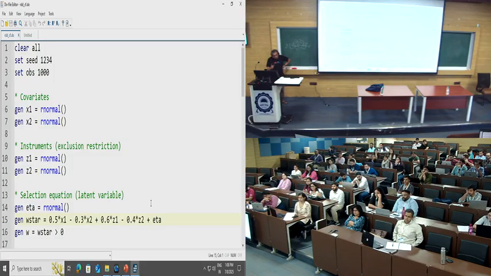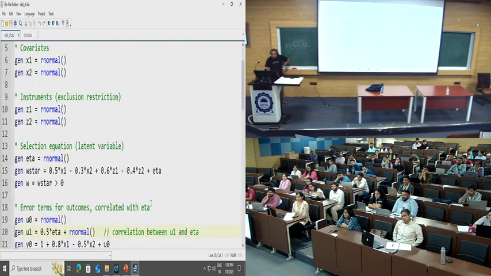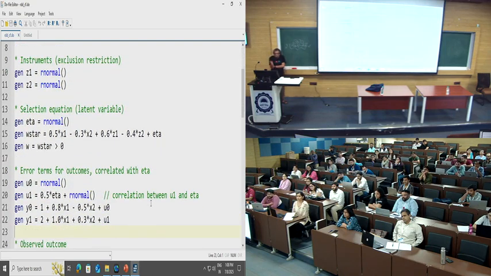As soon as I get W star, I create my W, which is 1 when W star is greater than 0. What I do then, the error terms for the outcome are correlated with eta, because remember the sample selection problem?